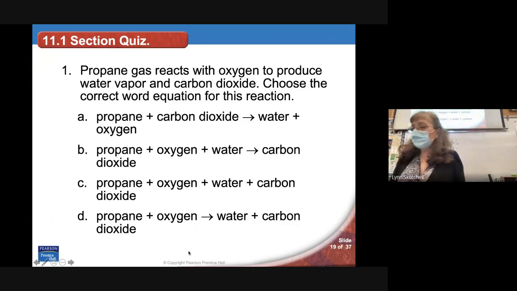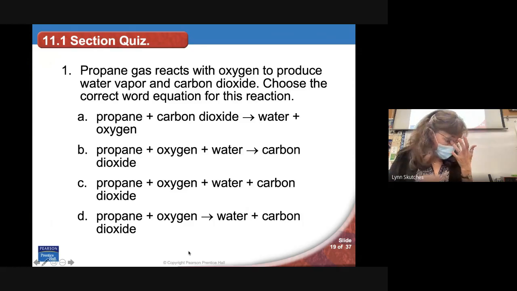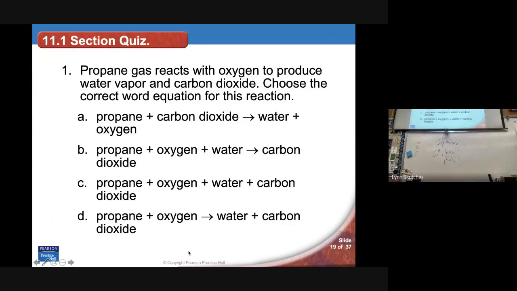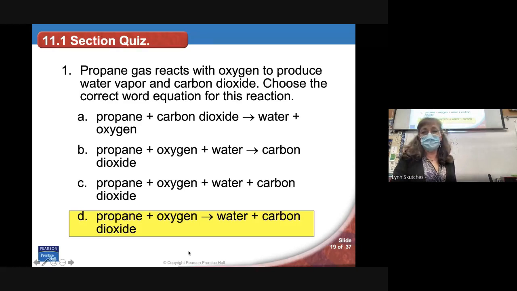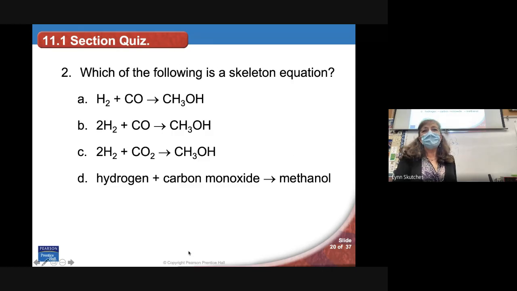Kennedy, what do you think? Is it D? It is. Good job. Which of the following is a skeleton equation?